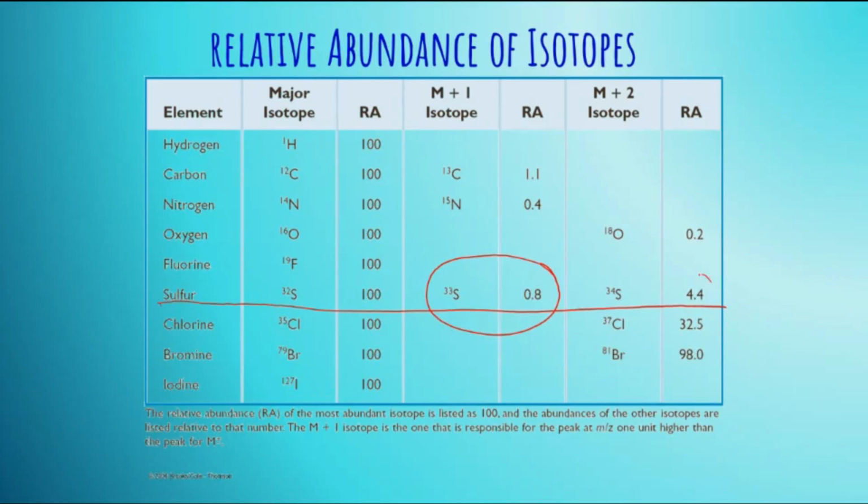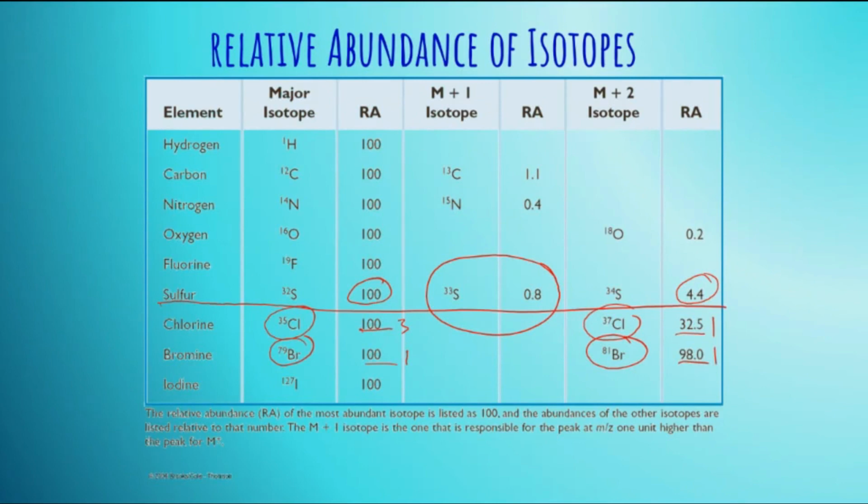This is 4.4 and here you have 100%. So sulfur's two isotopes exist in 100 and 4.4%. Chlorine is 32.5 and 100, so when I divide, I get 3:1. Bromine 79 and bromine 81 are both almost 100, so that is a 1:1 ratio. Whereas sulfur is in the 100:4 ratio.